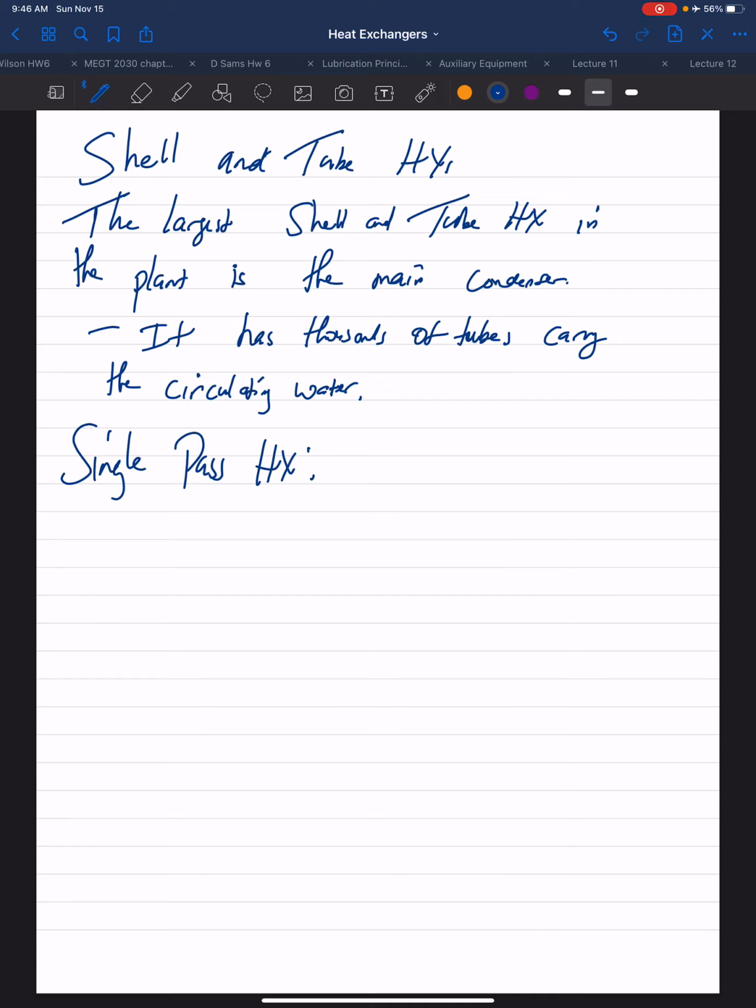This is when the fluids pass each other only once. And you have multi-pass.